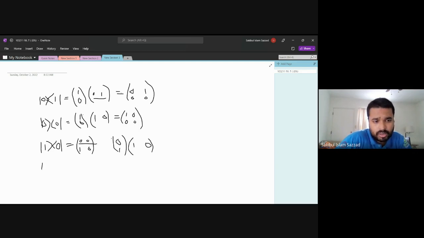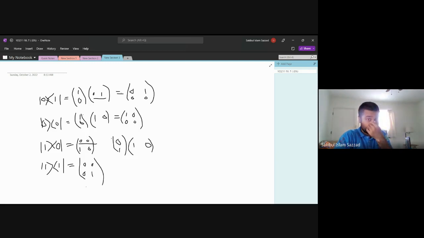I think now we can write 1 1. So it can easily be said that there will be only 1 in here for ket-bra notation, or for the outer product. All will be 0, but this will be only 1.